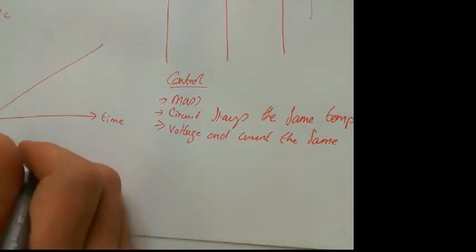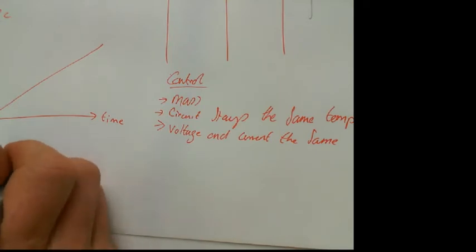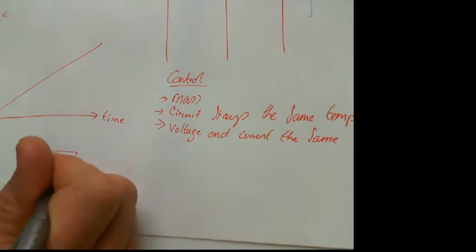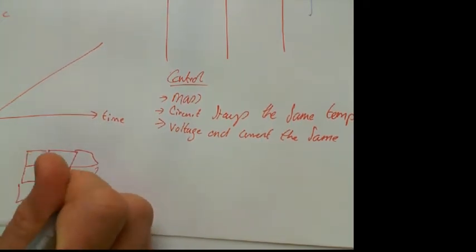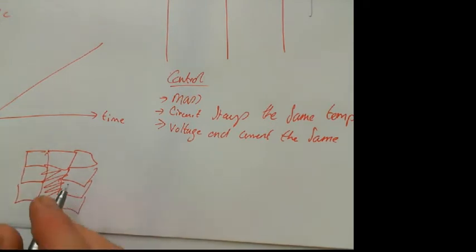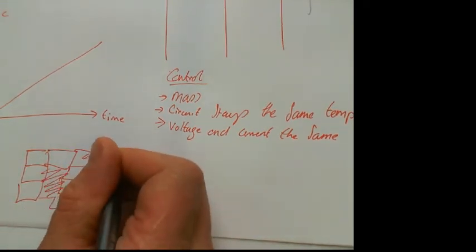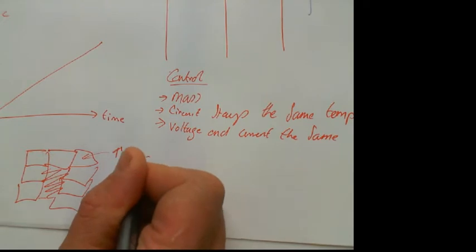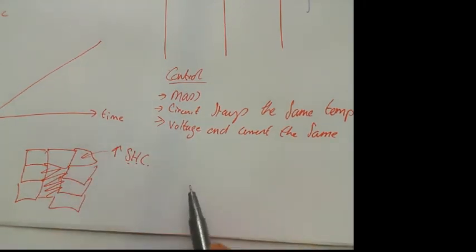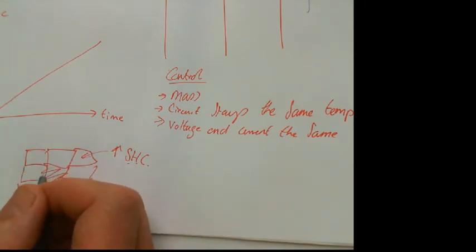something called a storage heater, which they love asking you questions about in an exam. A storage heater has basically got concrete blocks around the heater, and these concrete blocks have got a very high specific heat capacity, and what they're used for is overnight they store up energy.